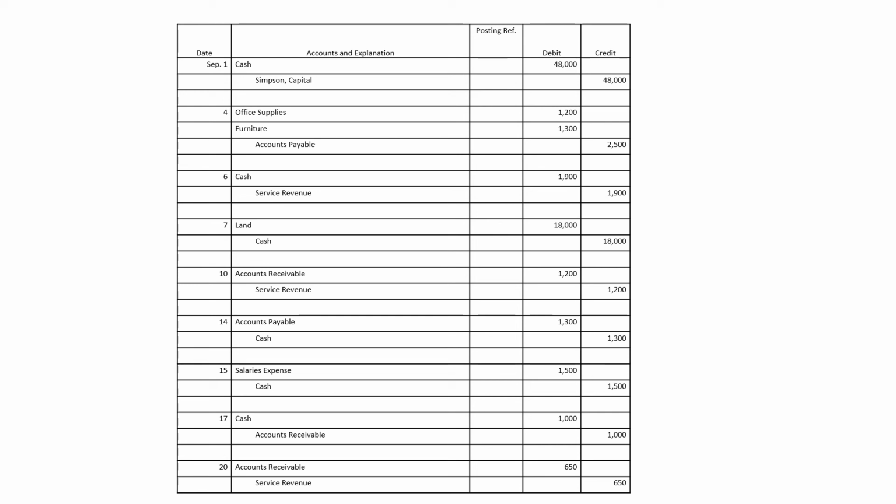The company paid assistants semi-monthly salary $1,500 on September 15th. So what's affected here? Cash, they're paying cash. Why? For salaries. So that's salaries expense. Now, this is the first expense we're dealing with in a journal entry. And if you look at the debit and credit rules, it says debit salaries expense when it increases. And if you're thinking back to chapter 1, you're like, no, salaries expense decreases the equation.